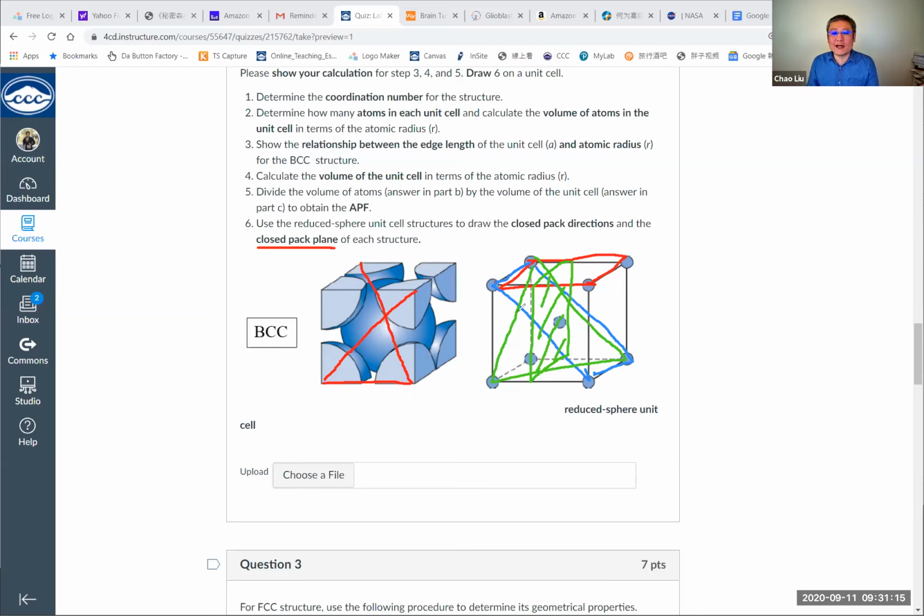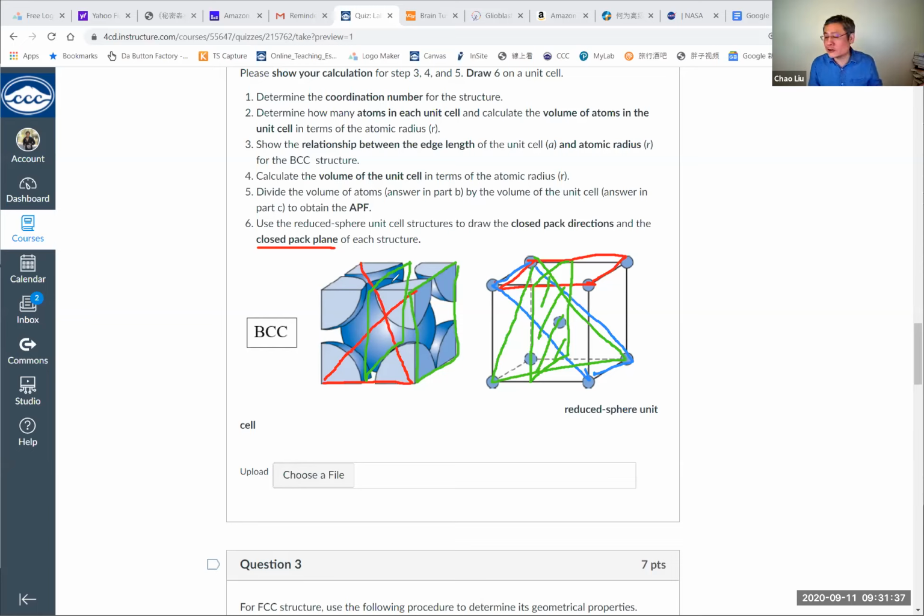But some of the planes are different. So the plane I draw is going to be different. The plane in the middle is different from the plane on the edge. These two are different. So they are not necessarily the same, but it depends on where you look at it. And then we have a way to identify different planes.